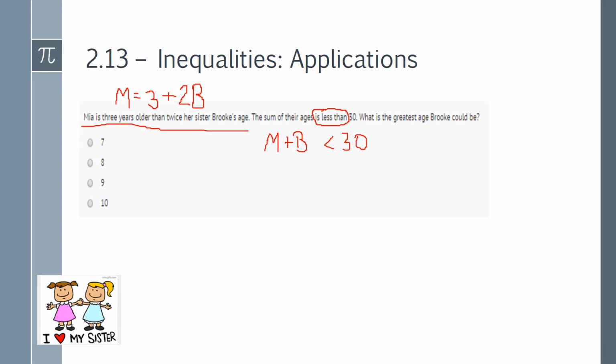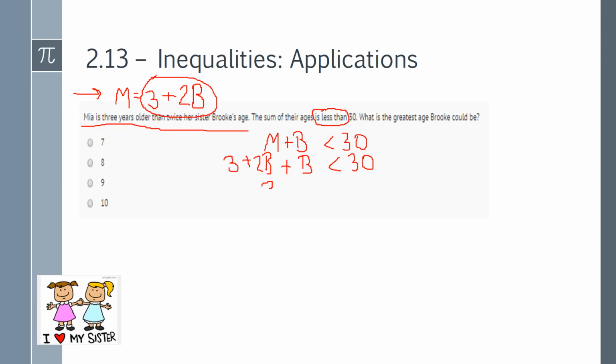Now at this point you couldn't solve this bottom equation because you have 2 variables. So I need to take this equation and substitute 3 plus 2b in for m. So I've got 3 plus 2b, that represents my m, plus b is less than 30. Left side, collect my terms.